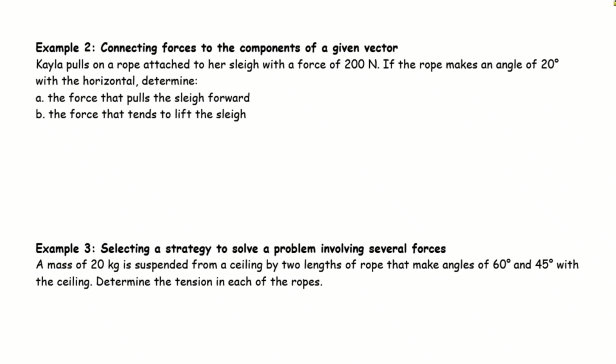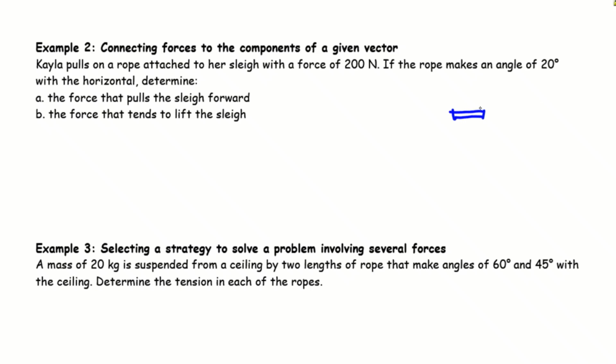So example 2, connecting forces to the components of a given vector, and from this example you are going to see that the components of a force have meaning. So Kayla pulls on a rope attached to her sleigh. Okay, so we have a sleigh here.